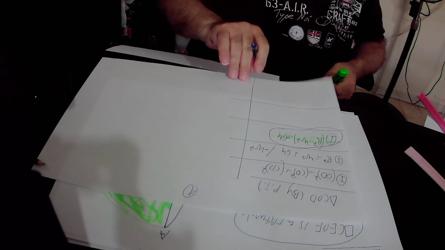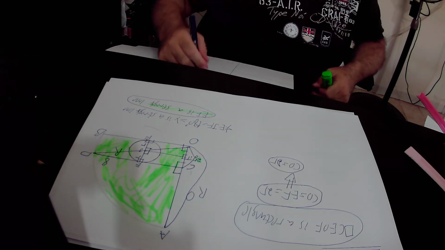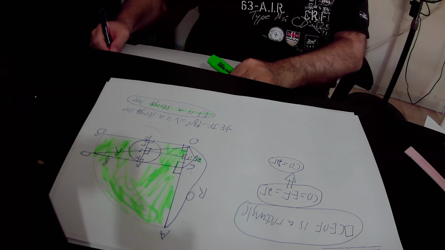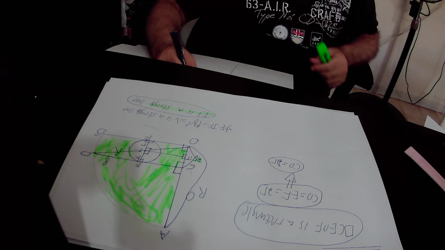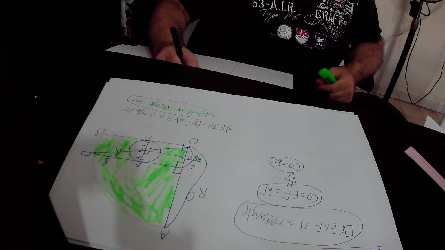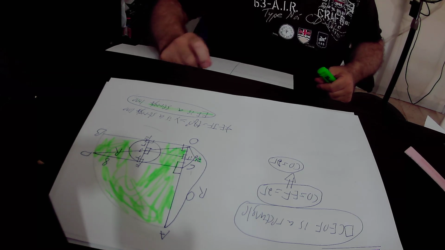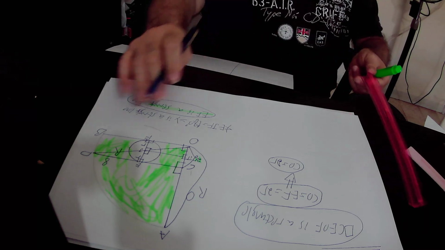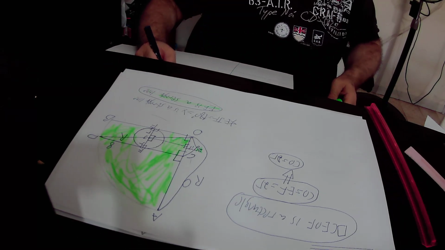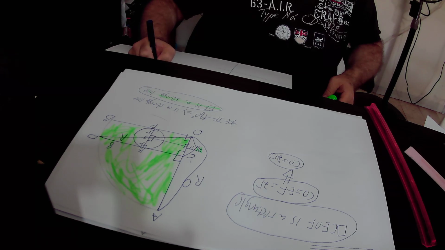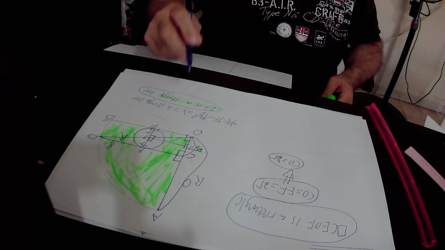And what is actually the area of the green shape? From the drawing, it is very easy to see that the area of the green shape is equal to the area of the quarter circle minus the area of the small circle.